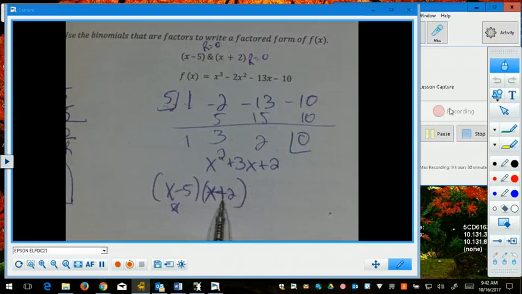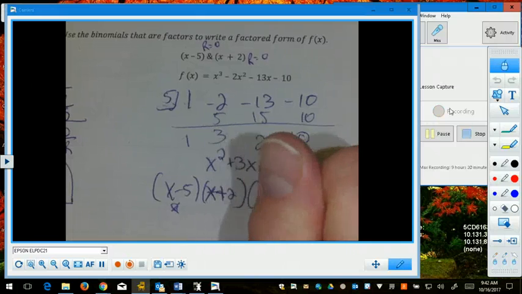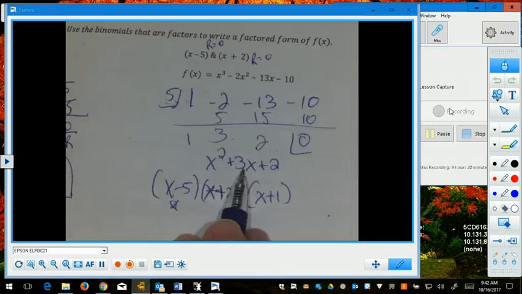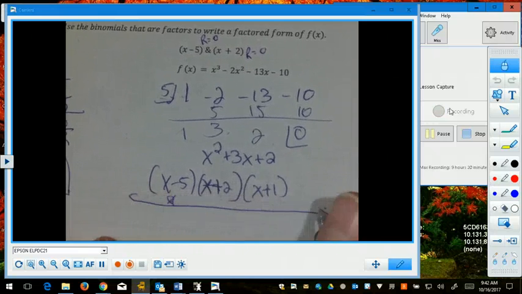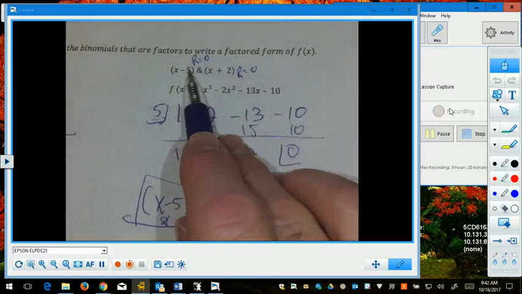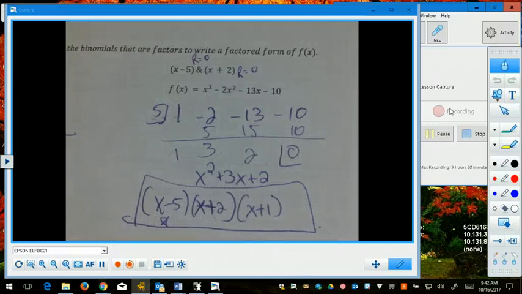But I already know that x plus 2 is one of those factors. It's x plus 2 by x plus 1, multiplying to 2, adding to 3 in the middle. So this has been completely factored by finding at least one of them to be a 0 or a factor and dividing it out and then factoring what was left.